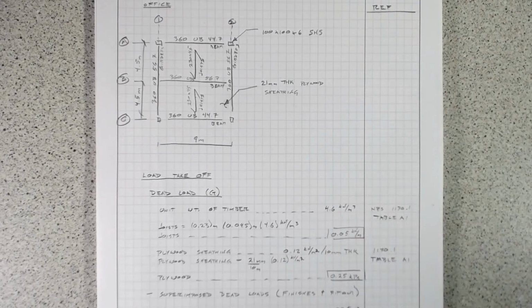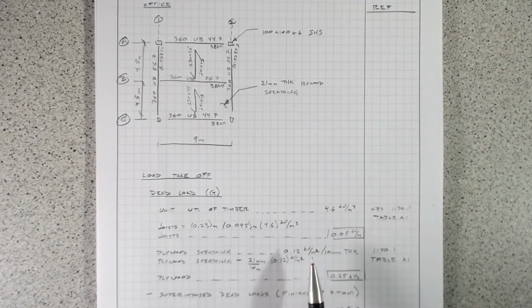That's for Pinus radiata. And so if we want to find out what the weight of our joists are per linear meter, we can just take the area and then multiply by 1 meter, obviously. And then we can multiply by the unit weight, and we find that the joists are 0.05 kilonewtons per meter.